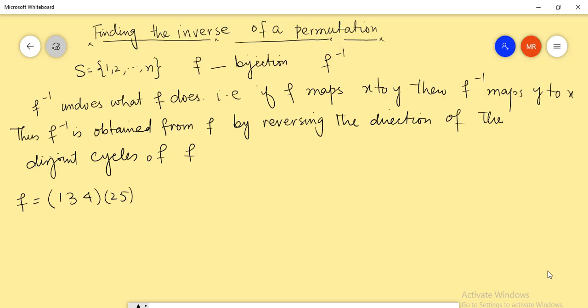Hence, in cycle form, this permutation maps 1 onto 3, it maps 3 onto 4, and 4 back onto 1. And then we have (2 5). It maps 2 onto 5 and 5 onto 2.